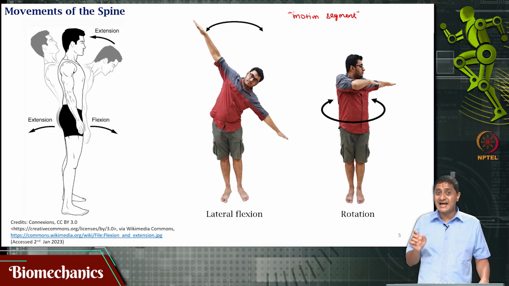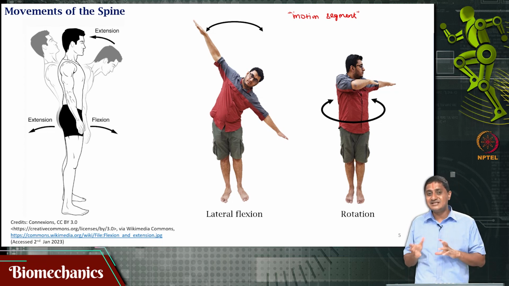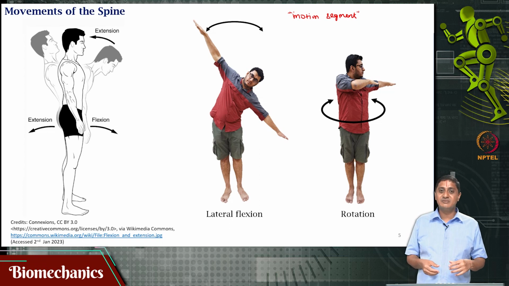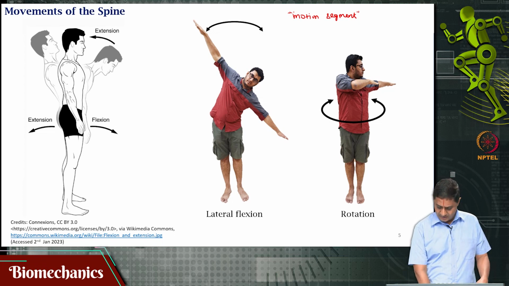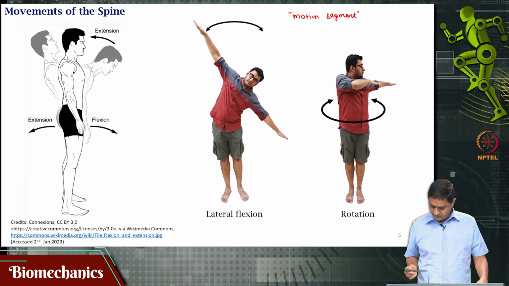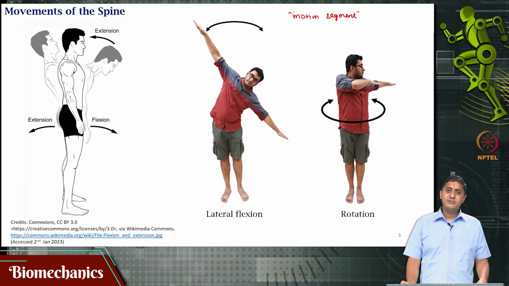All of these movements add up to cause a net change in the angle, that is what is becoming visible as the bend, as the flexion of the spine. So, they all add up, and because of this there is a possibility for the spine to have a considerable amount of range of motion, a lot of range of motion.